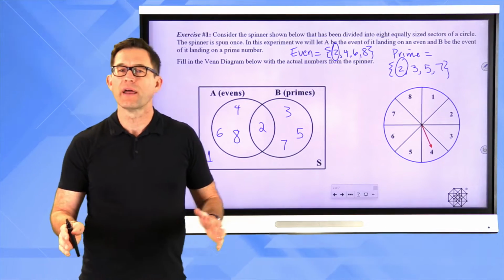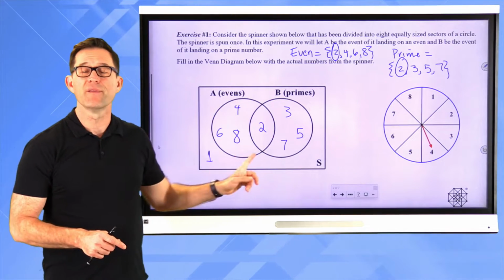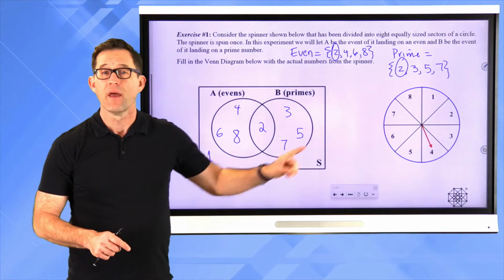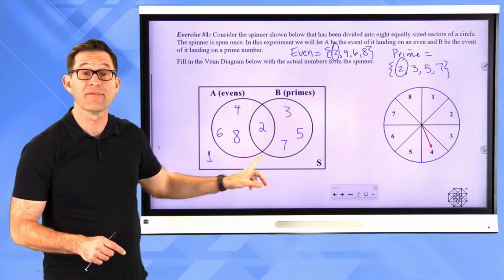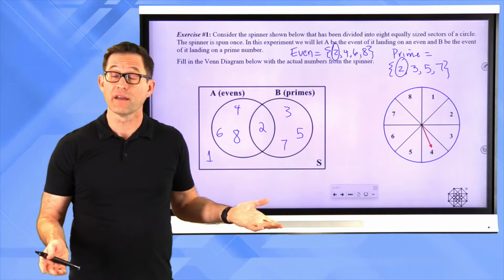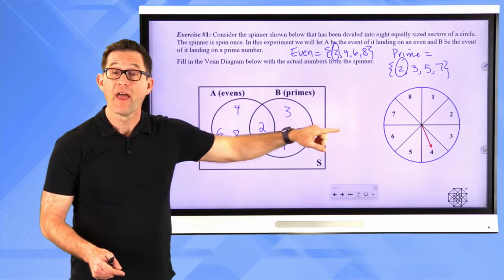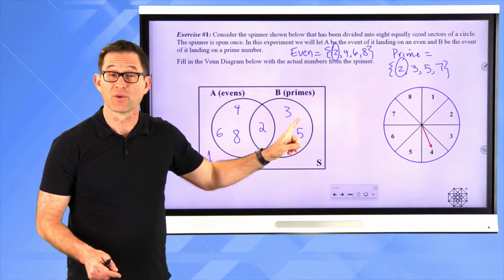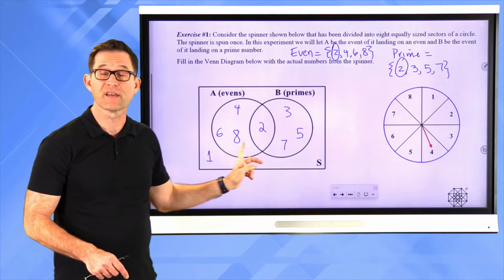But this is really a nice way of looking at the sample space, right? Any number that falls within this circle is an even number. Any number that doesn't fall in this circle, and that's 3, 5, 7, and the 1, is not an even number. Any number that falls into this circle is a prime number, and any number that doesn't fall in this circle, its complement, is not a prime number, and that's 1, 4, 6, and 8.